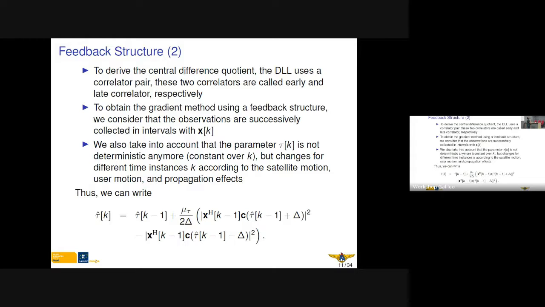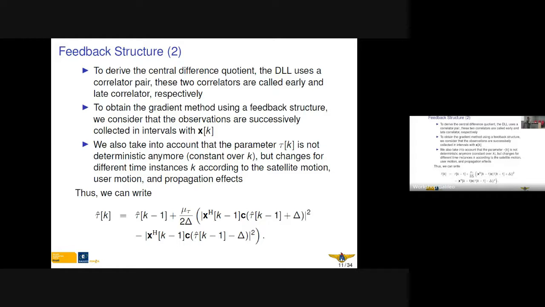To obtain the gradient method using a feedback structure, we consider that the observations are successively collected in intervals with x_k. So now we're moving to a stochastic version of this feedback system, considering data changing over time and also parameters changing over time. We also take into account that the parameter tau_k is not deterministic anymore, constant over k, but changes with different time instances k according to the satellite motion, user motion, and propagation effects.